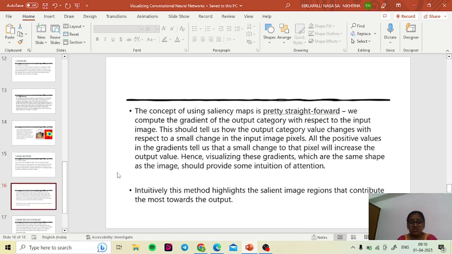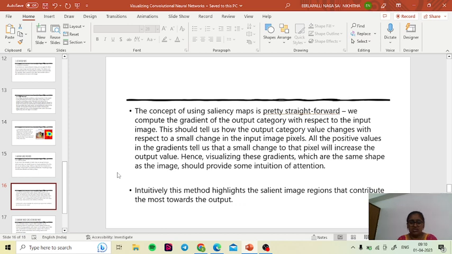The concept of saliency maps is pretty straightforward. We compute the gradient of the output category with respect to the input image. This should tell us how the output category value changes with respect to small changes in the input image pixels.